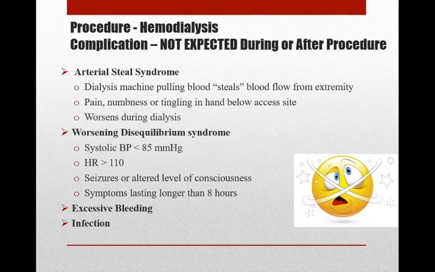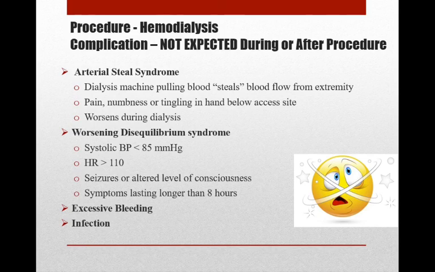And that's called arterial steal syndrome. It's not expected. There's still supposed to be enough adequate arterial blood flow from another source that the hand does not lose perfusion during dialysis. So if the patient starts complaining of pain, numbness, and tingling in that hand below the access site that's worsening during dialysis, you will want to speak with the doctor about it.